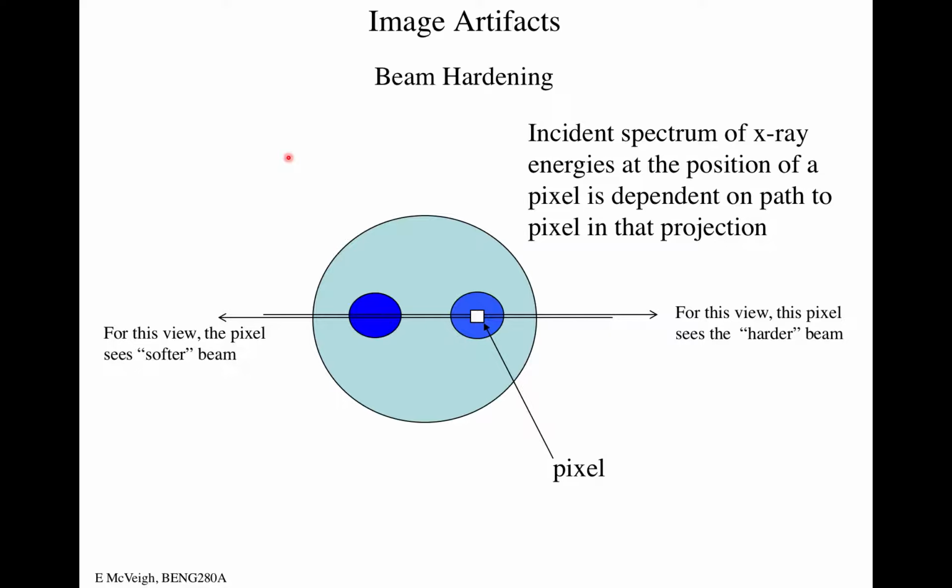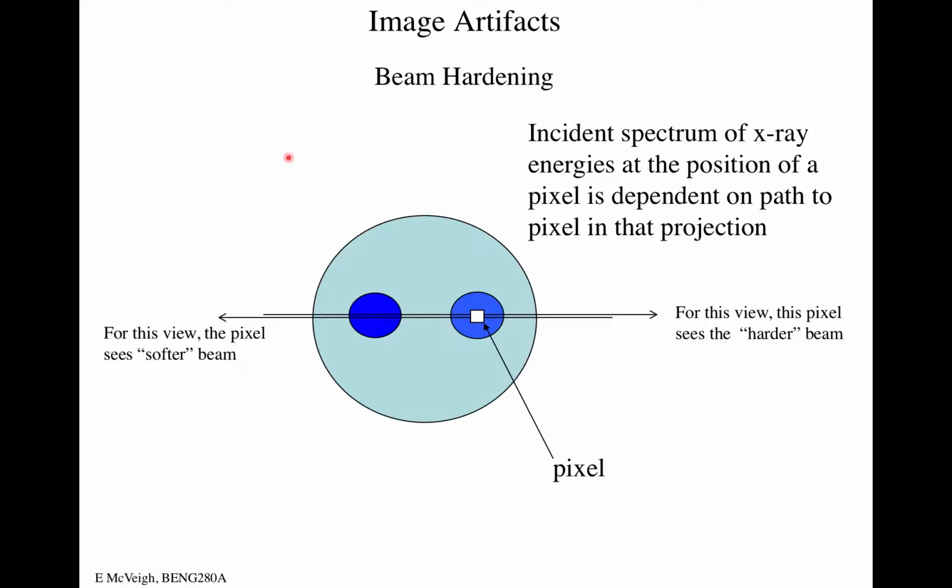And the way the patient does that is as the beam proceeds through the patient, lower energy photons have a higher probability of being absorbed per unit distance as we go along. And so if I look at my X-ray beam just when I enter the patient, it has a certain energy spectrum. And then 10 centimeters into the patient, the energy spectrum's different.